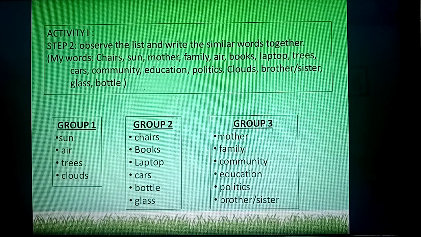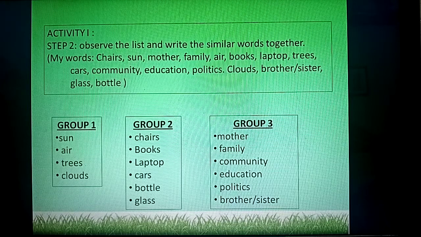In the second group, I have put the man-made things, and in the third group, humans and the things related to the development of the human. For example, education, politics, community, these all are the things which are related to the development of a human being.